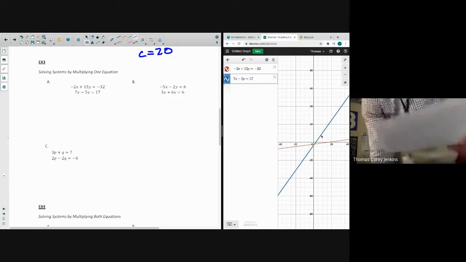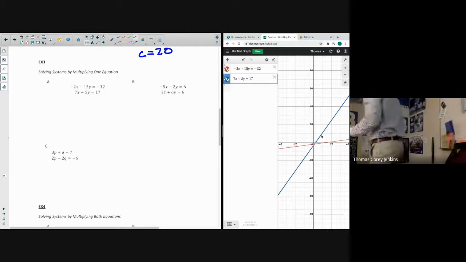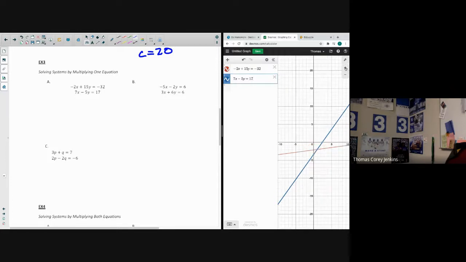All right, and I can see where they cross there. I could zoom in a little bit. Why don't we do that just so we're not confused? Because sometimes if you're not careful, you can hover over the y-intercept instead of that point of intersection. So I suggest zooming in as much as you can, just so we can be sure we're over the point of intersection.